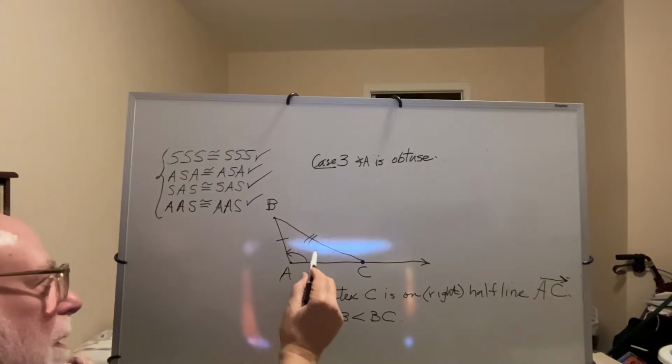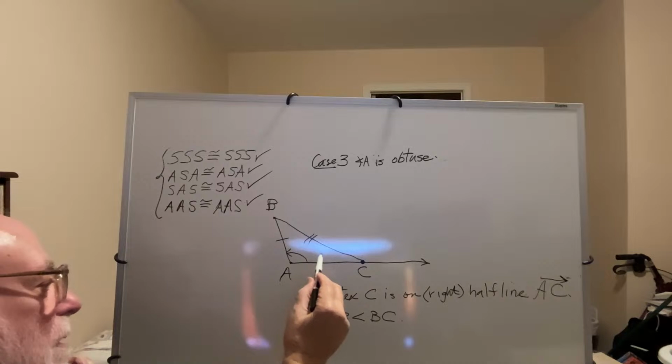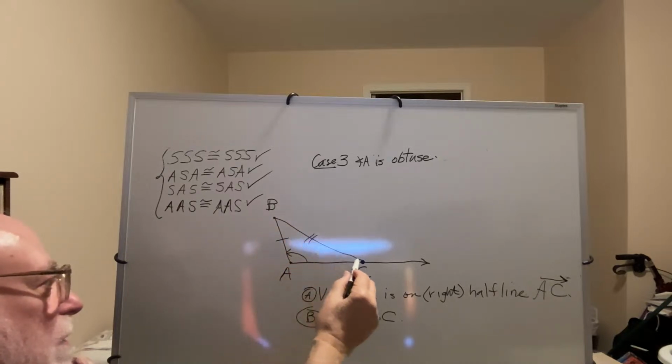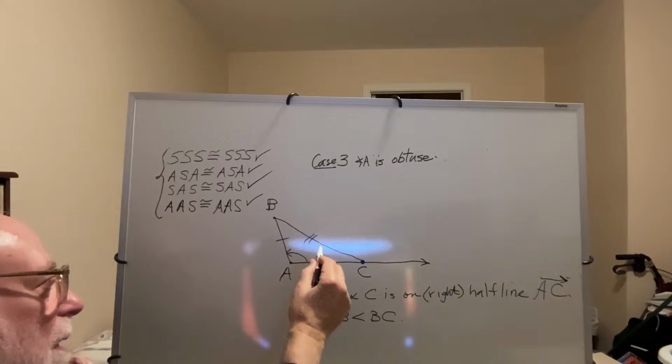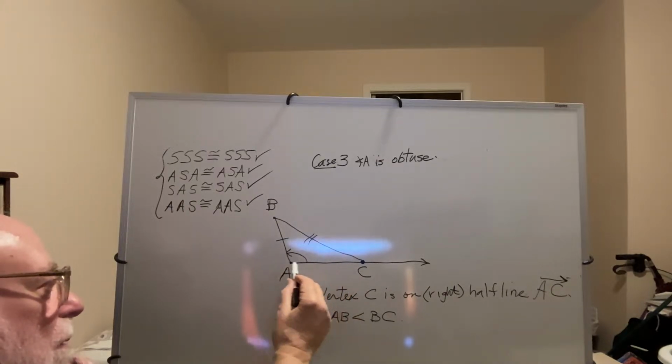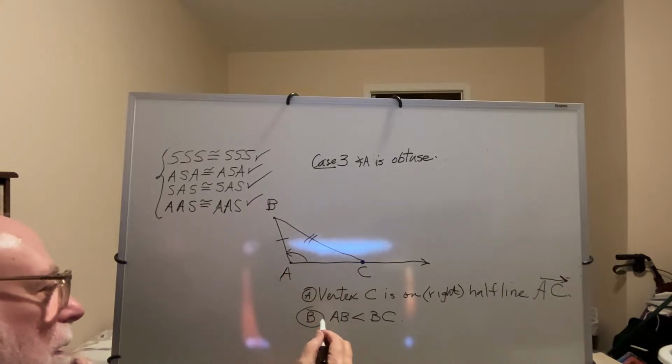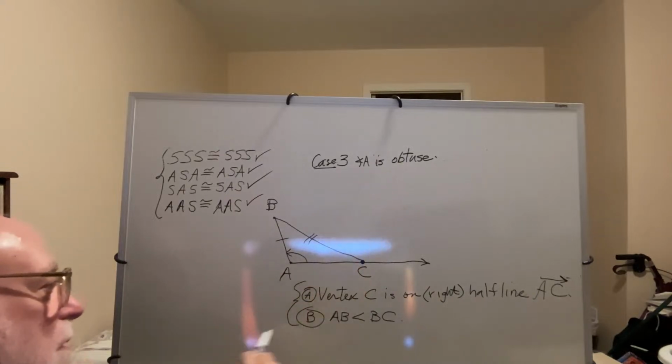And if AB is greater than BC, meaning BC is smaller than AB, then you're not going to reach the base where they have the obtuse angle. So you'll have to have these two conditions if A is obtuse.